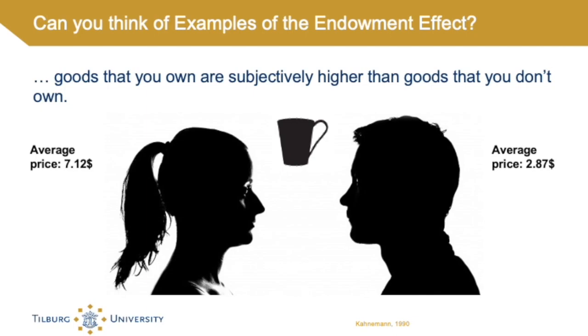Another might be if we take a look at tax evasion. We see that the probability that people will evade taxes is higher when you get the money first. First you get the money and then you have to pay taxes from it, compared to when you basically pay in advance on your taxes and you might get some money back.